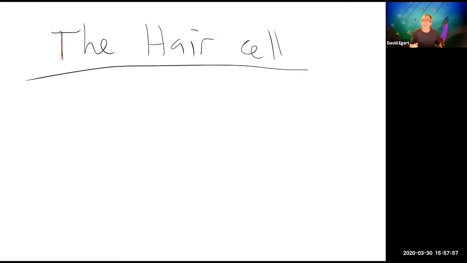I'll talk about that in more detail later. But ultimately, whether you're talking about hearing or balance, it's ultimately going to rely on the hair cell. So let's introduce the hair cell.